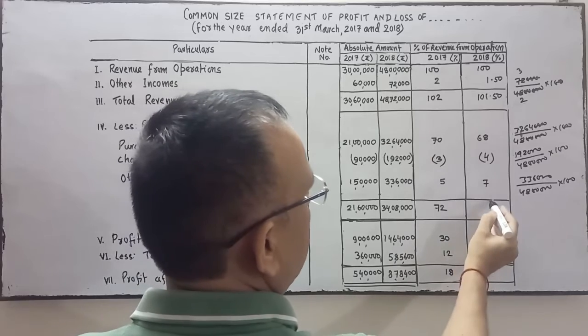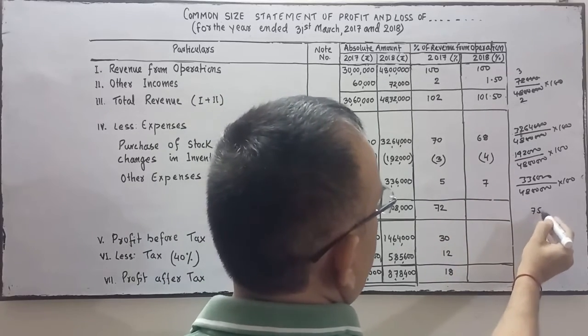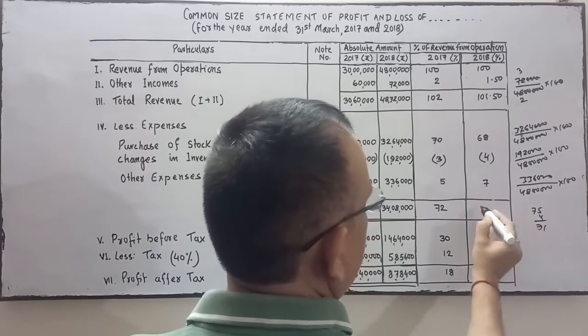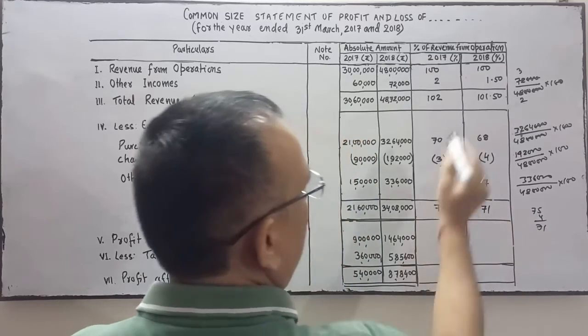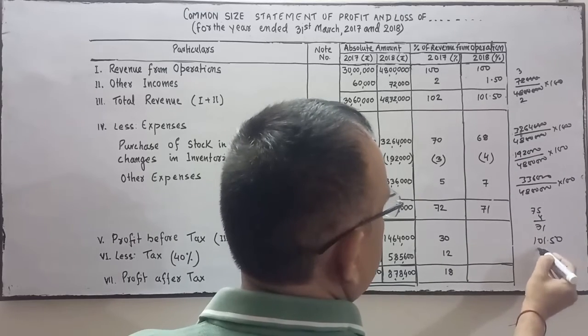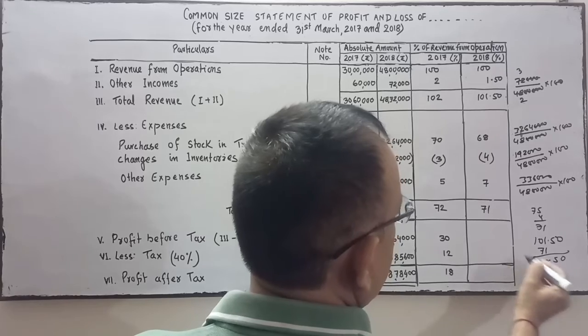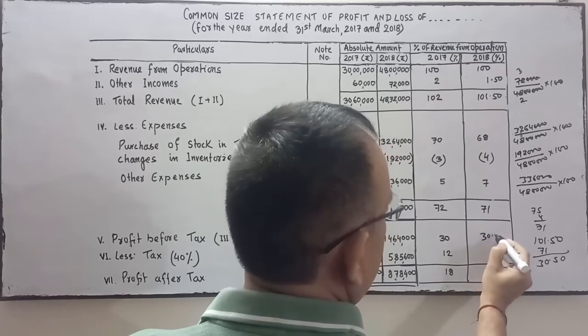So total will be 68 plus 7, it is 75 minus 4. So it is 71%. 101.50 minus 71 is 30.5%.